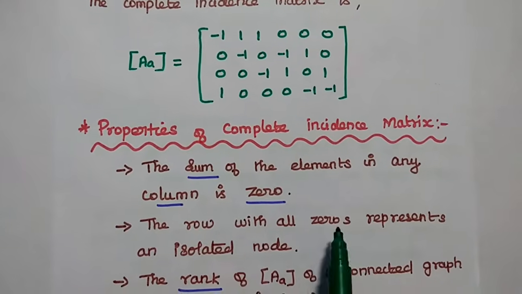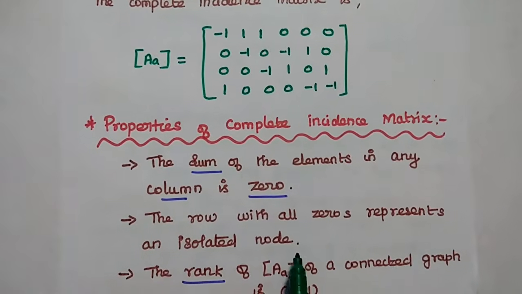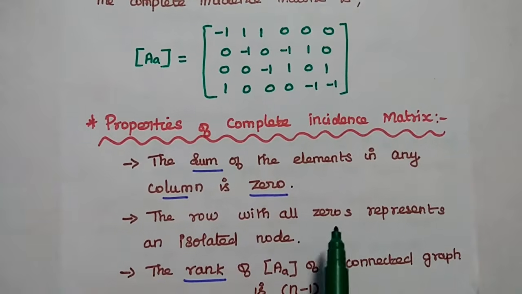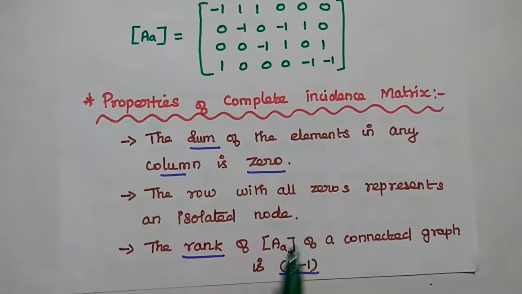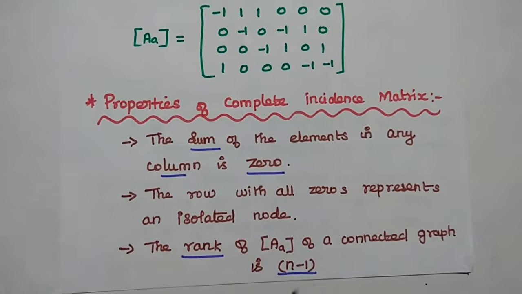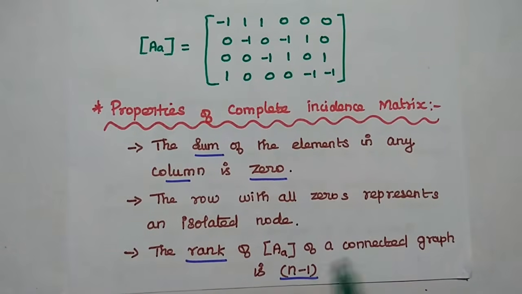The row with all zeros represents an isolated node. If the entire row is 0, it is called an isolated node. The rank of this matrix is simply n minus 1, where n represents the number of nodes.